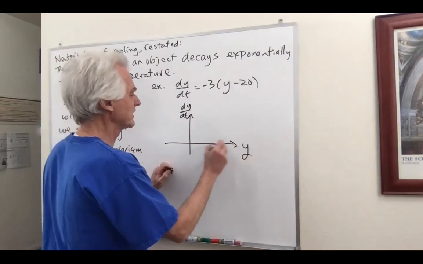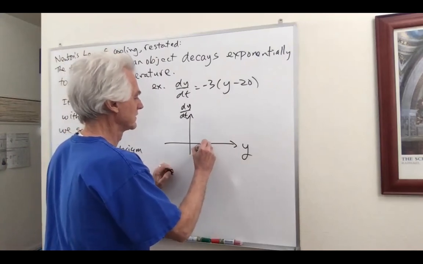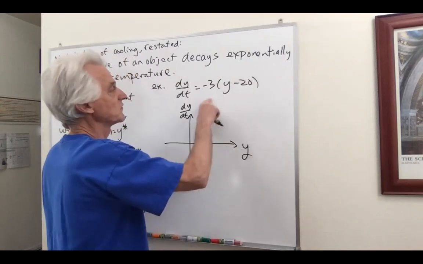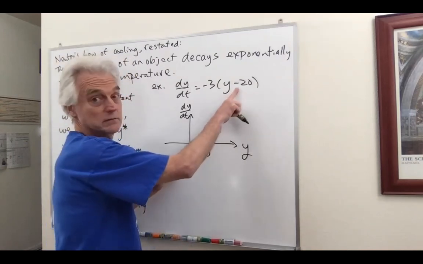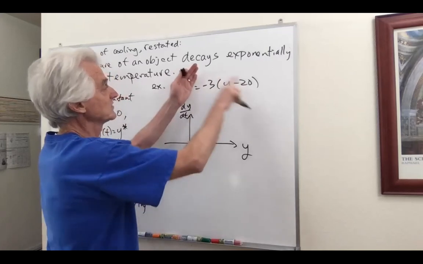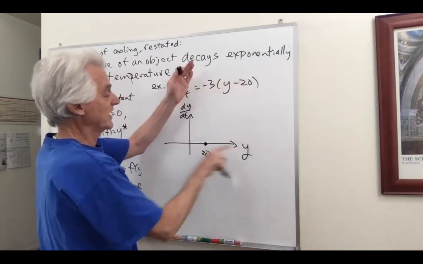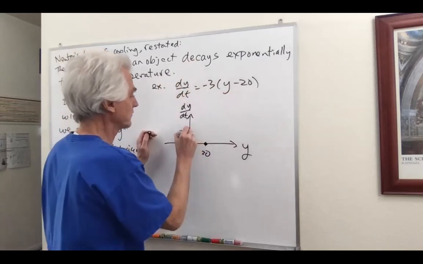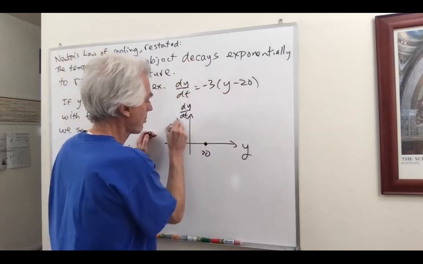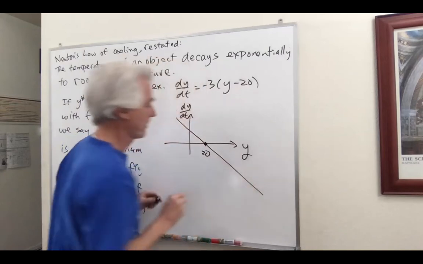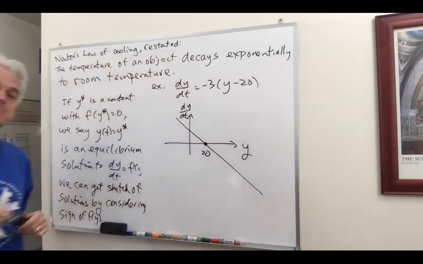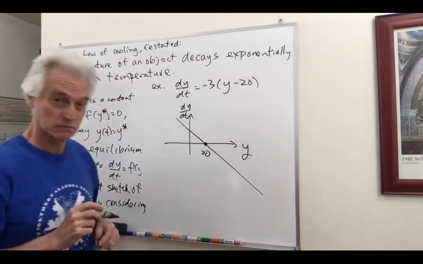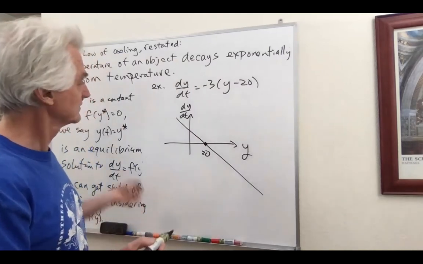I put in here, here's 20. At 20, this function of y is 0, right? So this right-hand side as a function of y has a horizontal intercept of 20, slope of -3. There it is. Good. Does that make sense? All right.